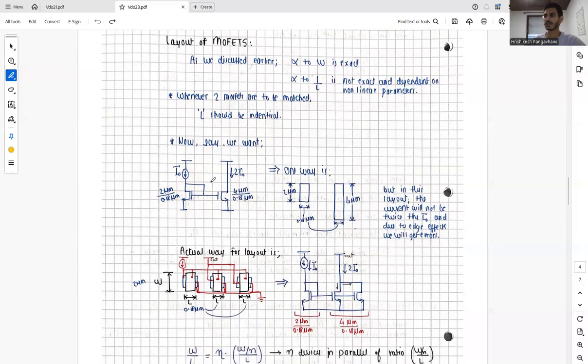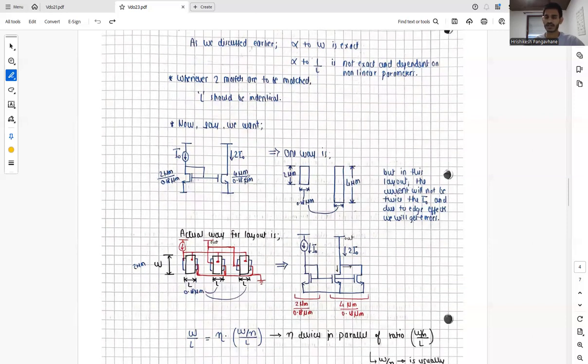Now one way to implement this current mirror is basically taking one MOSFET and just increasing the width of another MOSFET. We think that this will work, but in this layout, the current will not be exactly twice I naught, and due to the edge effects, we will get errors.